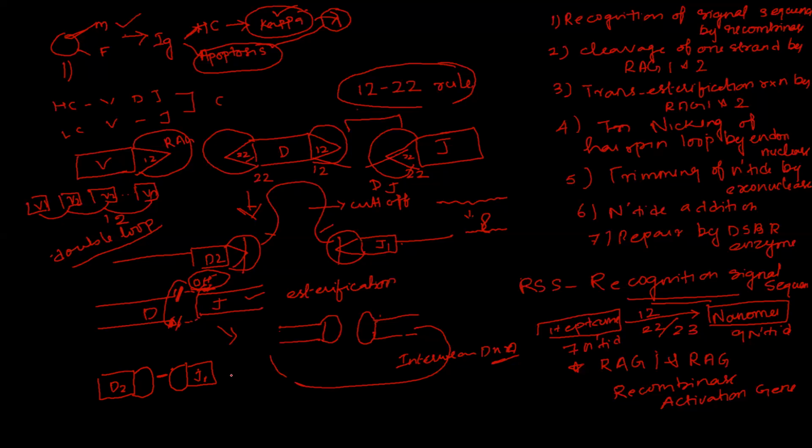There is something called Artemis. Okay, this is an endonuclease. It comes and nicks or opens up the loop. It is going to open this loop slightly unevenly. It doesn't mean it will break it perfectly. No, it is not going to be perfect. It is going to cut randomly here.